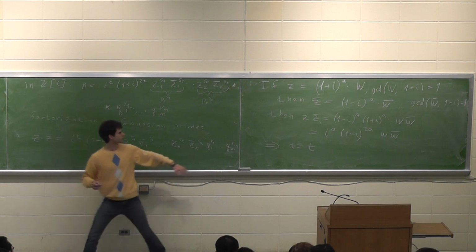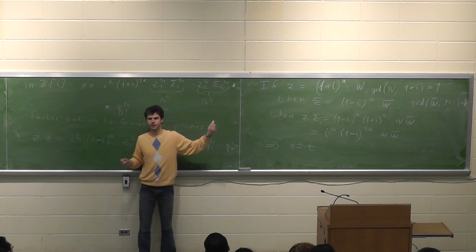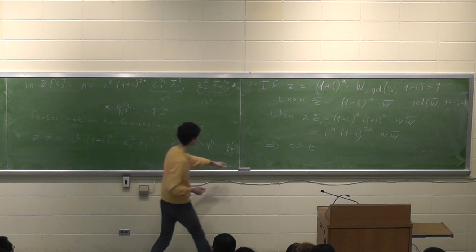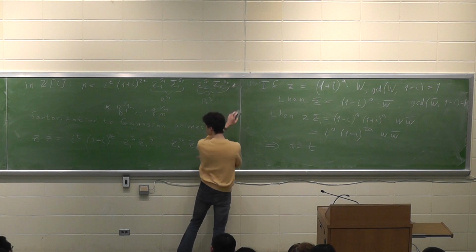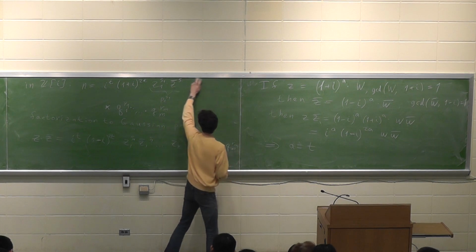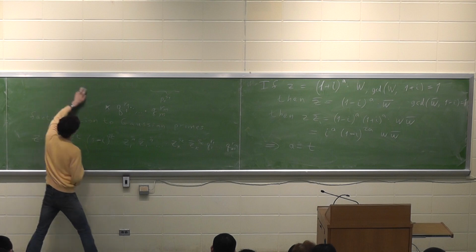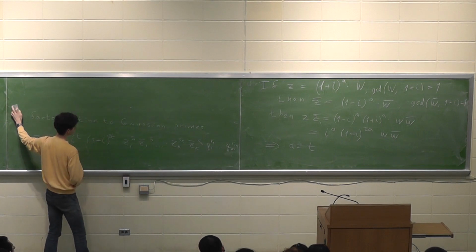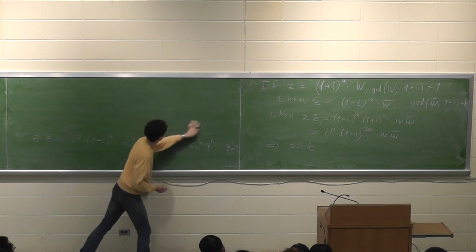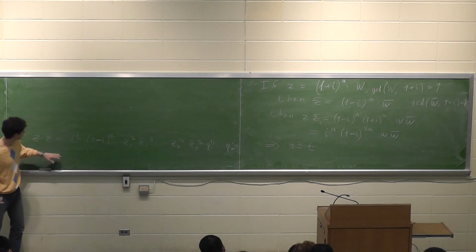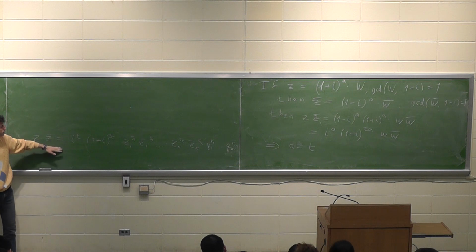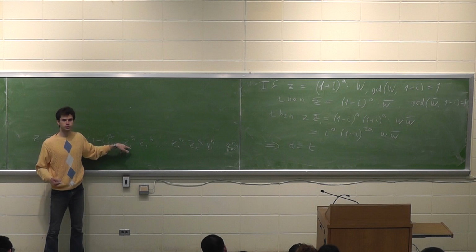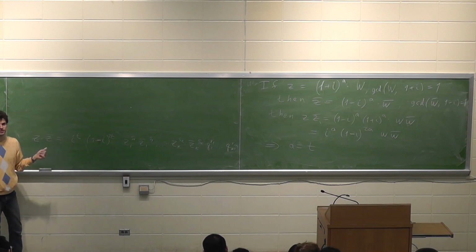So we managed to understand how one of these prime factors splits. Let's try other prime factors. Here, once again, I have this factorization. Let's see, what power of z1 could possibly divide z?